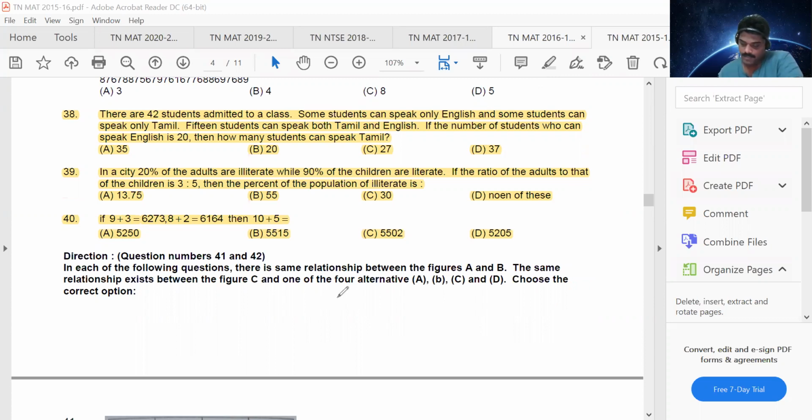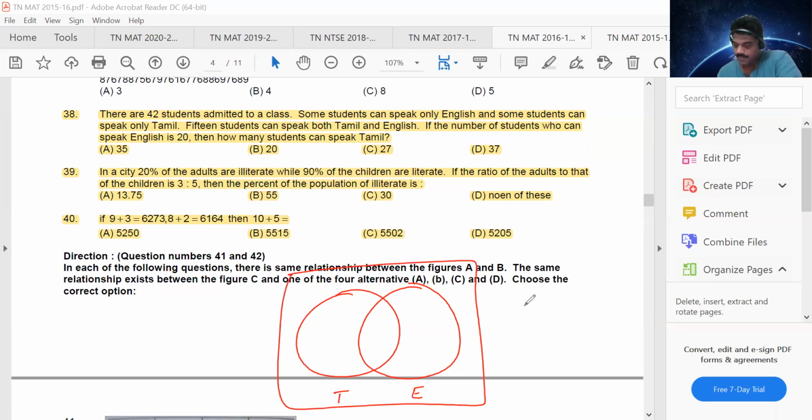Right. Now what happens? This is a problem from the sets. Take two sets. Let us say this is students knowing Tamil and students knowing English. So total number of students are 42. So mu is 42, or you can also say that A union B is equals to 42 for this particular case. Now what is happening over here? 15 students speak both languages and the number of students who can speak English is 20.